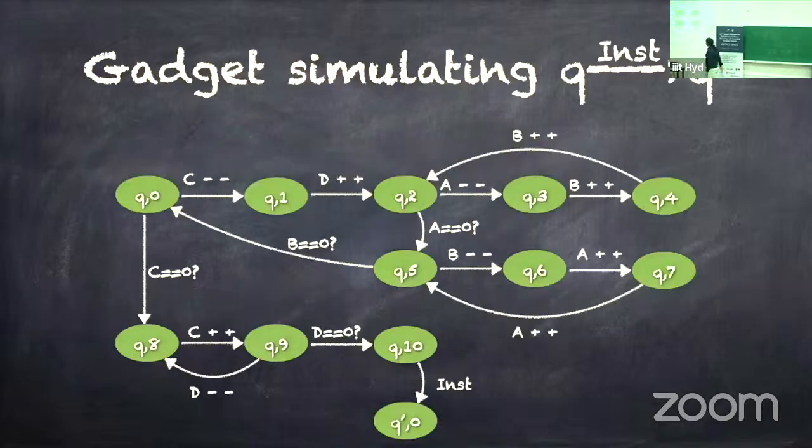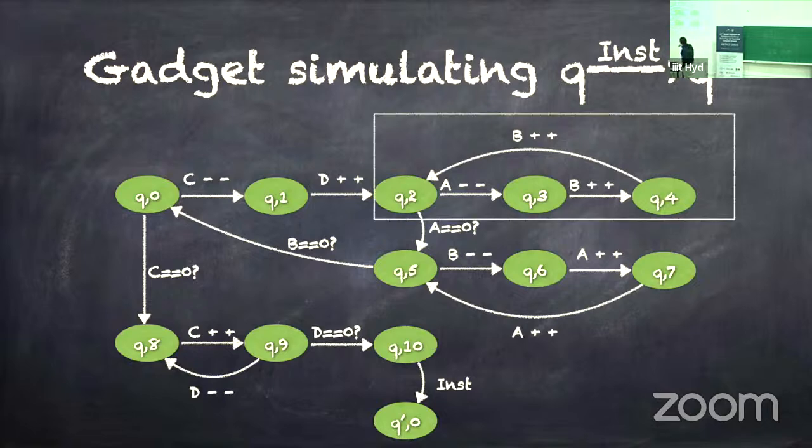To do this, we construct this gadget. Now, this gadget is very straightforward. It uses 4 auxiliary counters, A, B, C, and D. And notice these rectangle paths.